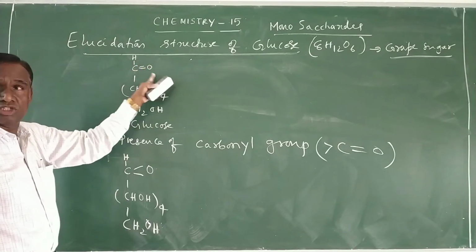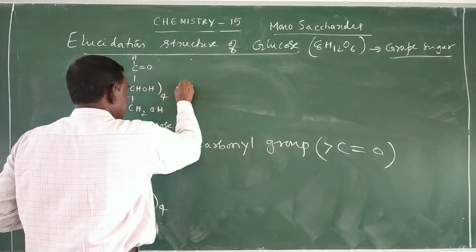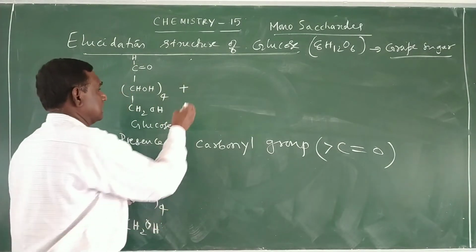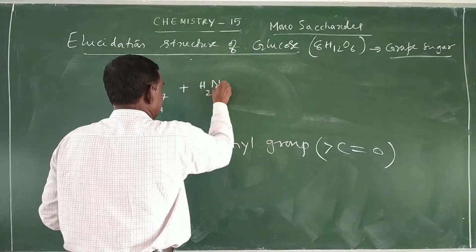This is CO. This group is called CO. Now it is made to react with hydroxylamine, NH2OH.